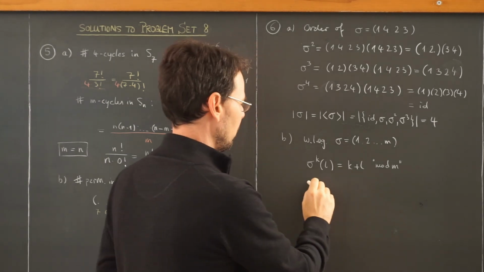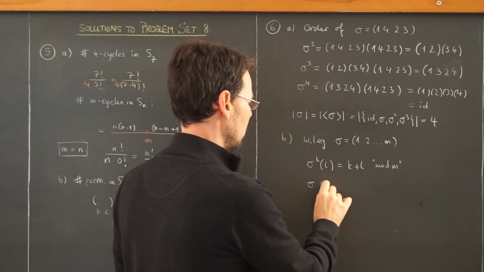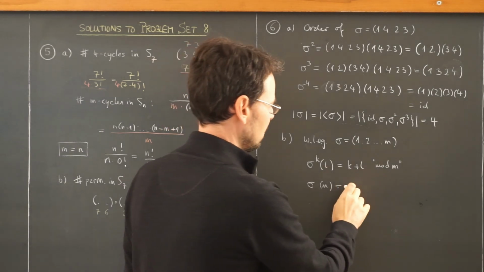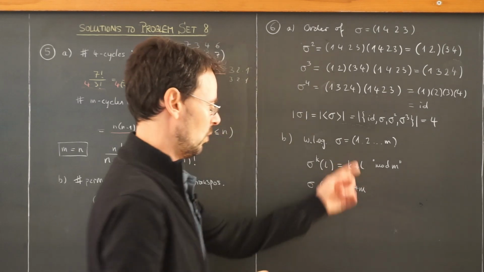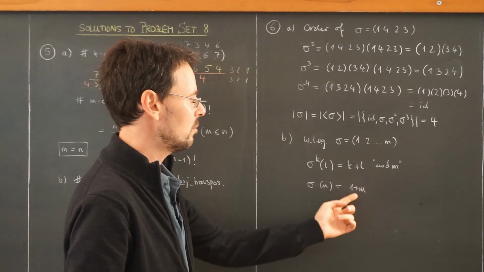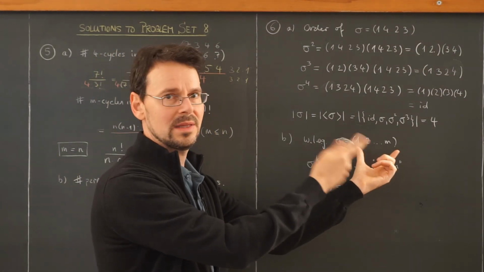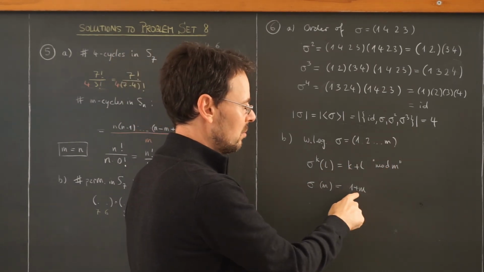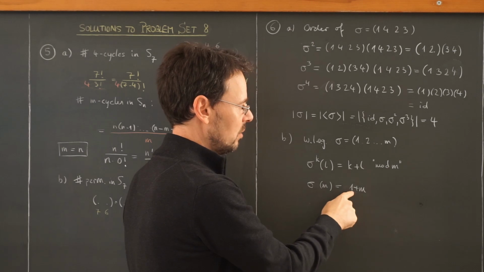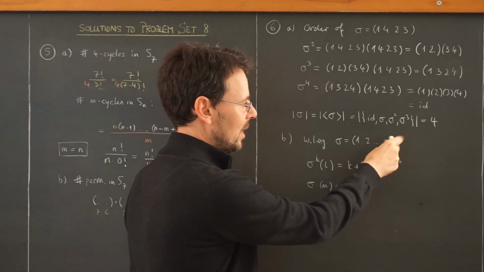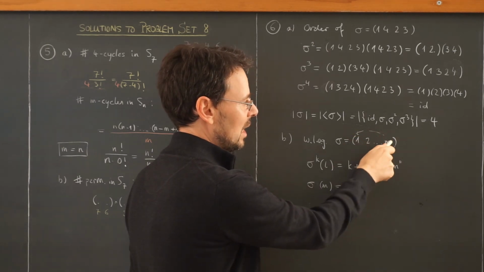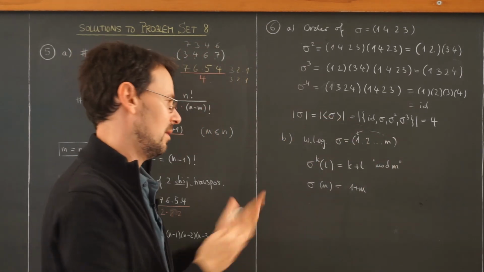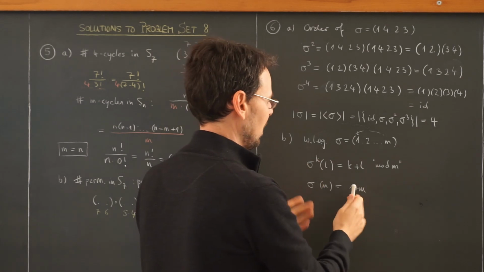If, for example, I take k to be 1 and L to be m, what would I get? By this equation I would get 1 plus m, but 1 plus m is no longer a number in this cycle here. So I have to reduce it mod m, taking the smallest remainder, which would be 1, and this is exactly what happens because the last number gets mapped to the first number. And this is the key to the proof, to understand this.